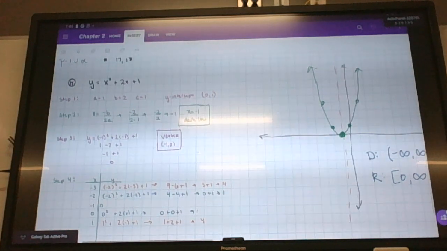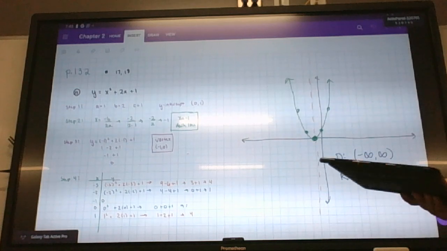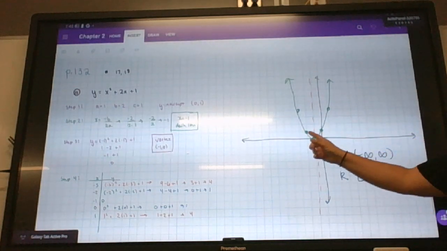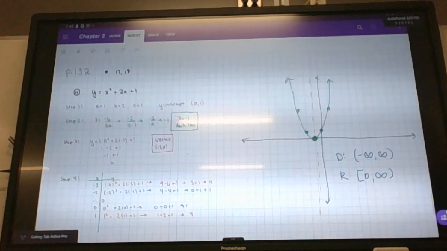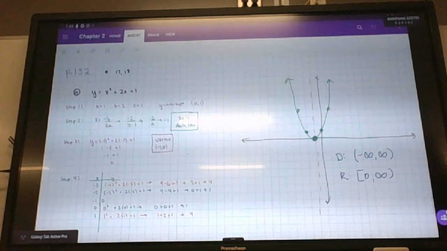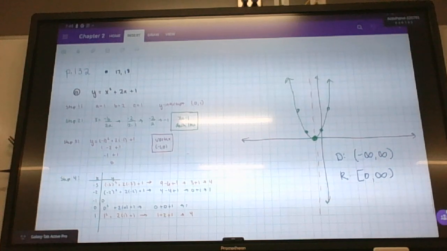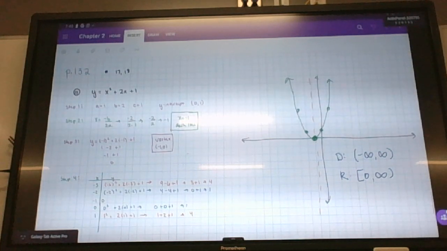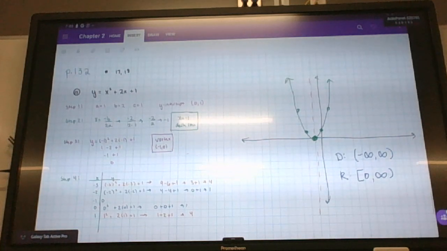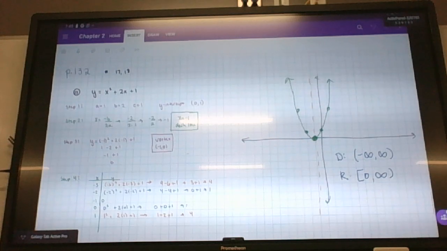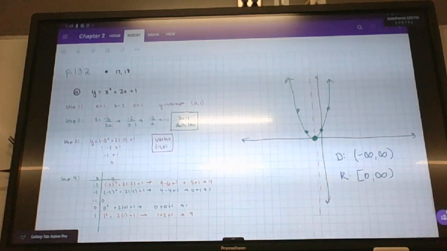Right, here's number 17. It was just shifted left one. And I'm wondering, did you do domain and range on 17? If you didn't, you should be writing it in right now. If you did not do domain and range, write it in now. Anybody have any questions on number 17?